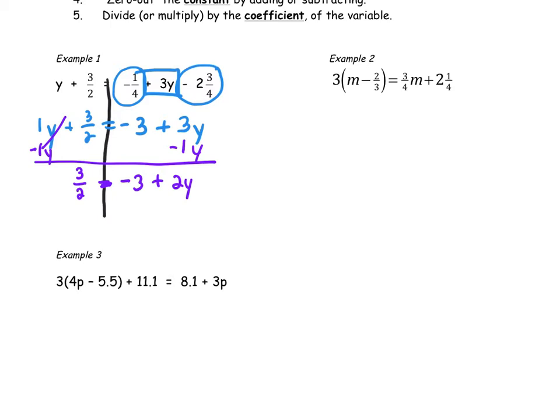Now I'm going on to our second solving step, but the fourth step overall listed up above. Now I'm going to eliminate the constant on this side, the side with the variable. And I see negative 3, so the opposite of negative 3 would be positive 3. So I'm going to add 3 to both sides.